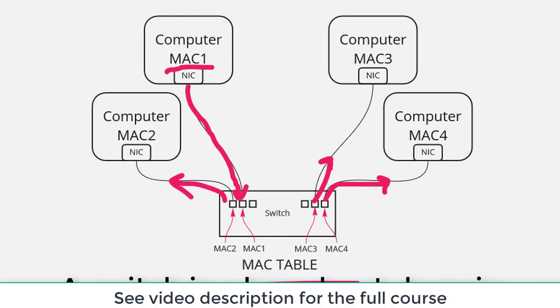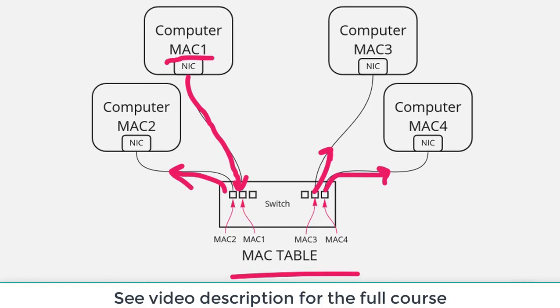But what we want to start to understand here is an Ethernet network typically involves a fair amount of broadcast traffic. The more devices I connect to the switch, the more broadcasts it's going to have to take care of, and the larger its MAC address table is going to get.